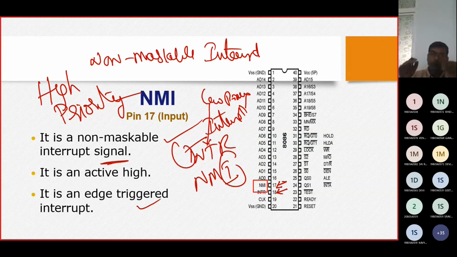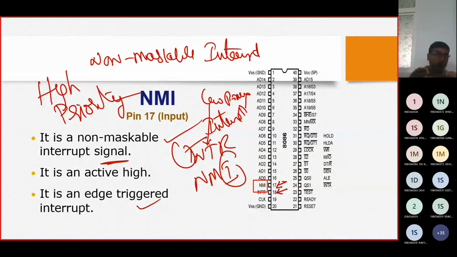NMI stands for non-maskable interrupt. What is an interrupt? I am watching YouTube, and suddenly a WhatsApp message is pinging. Getting a WhatsApp message notification while watching my YouTube video is called an interrupt, technically inside a computer.